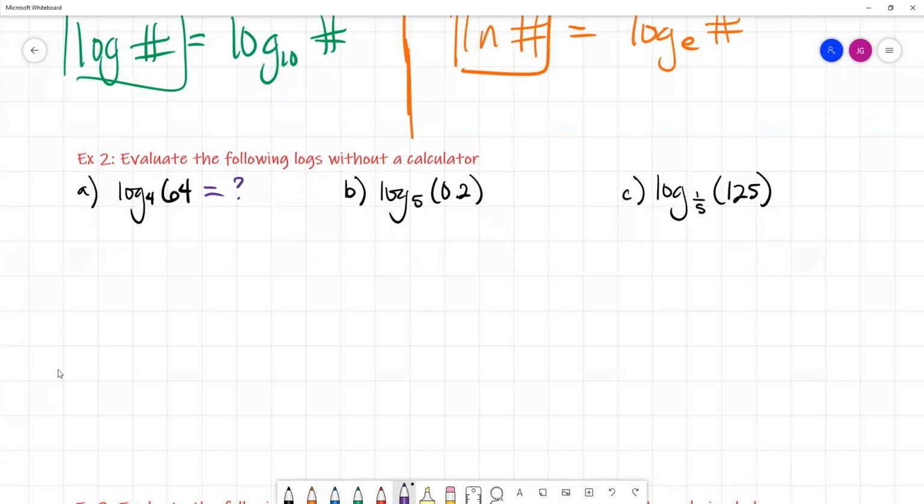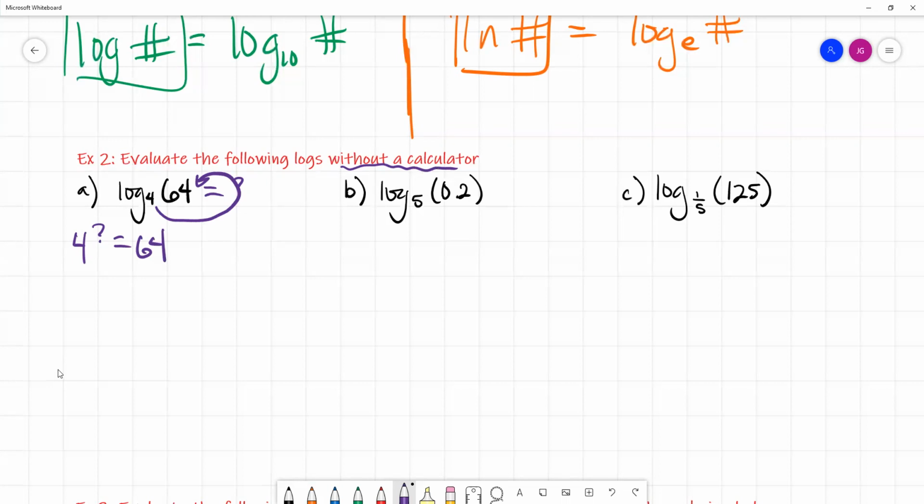Whenever I'm asking you to do it without a calculator, let's rewrite it as an exponential to help us out. 4 to this mystery power is equal to 64. 4 to what power is 64? Can you figure that out? Pause the video if you need to.